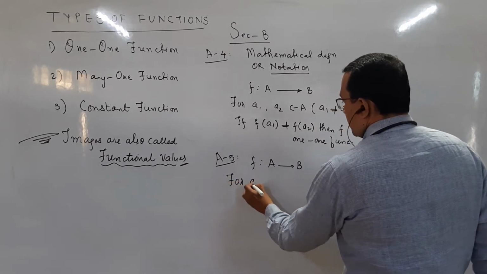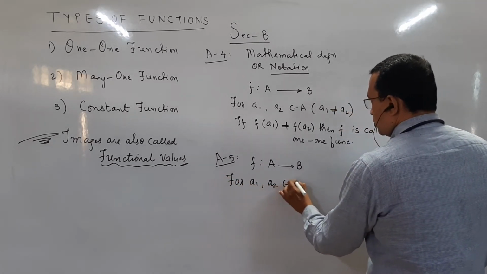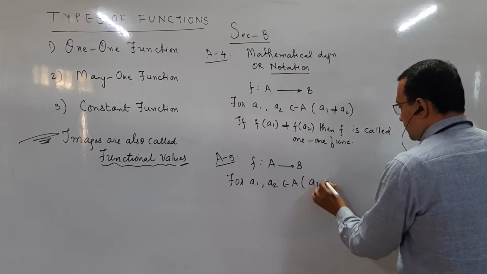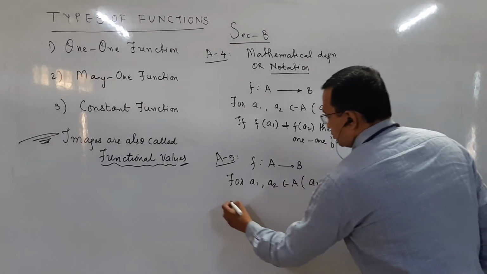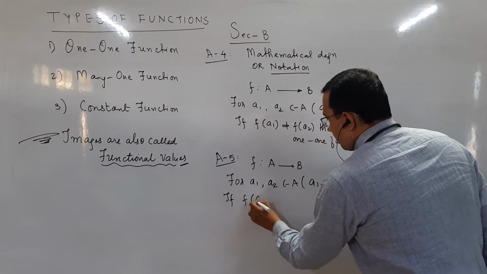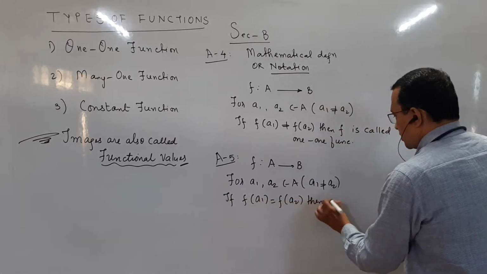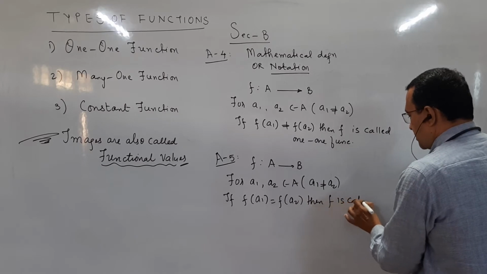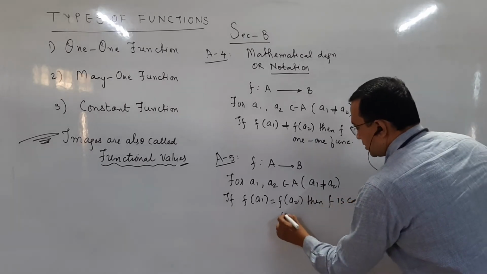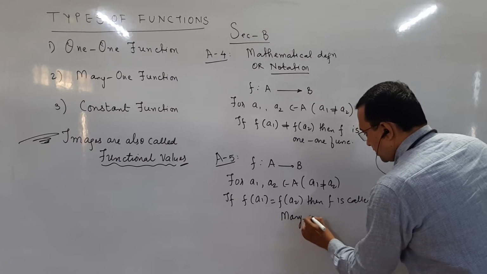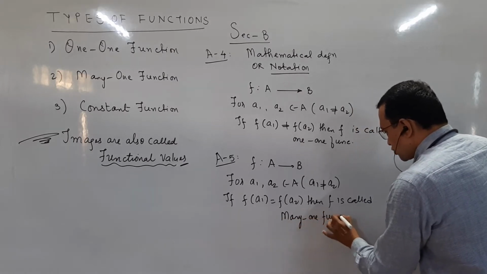So, for a1, a2 belonging to A, where a1 is not equal to a2, if f(a1) is equal to f(a2), then f is called many-one function.